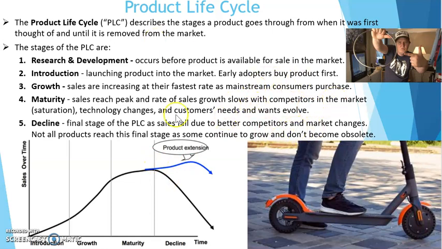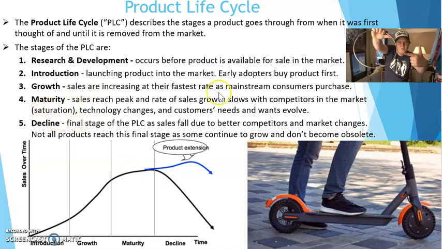And this comes about because we've got competitors in the market. So in those earlier stages, it's likely that there's no competition in the market for us to deal with, or there's few competition. But once you reach that maturity stage, there's what we call saturation.